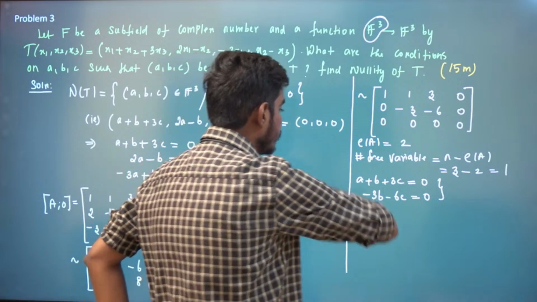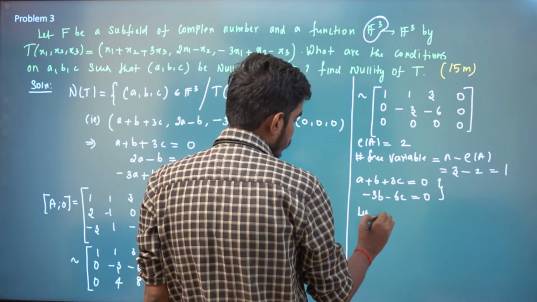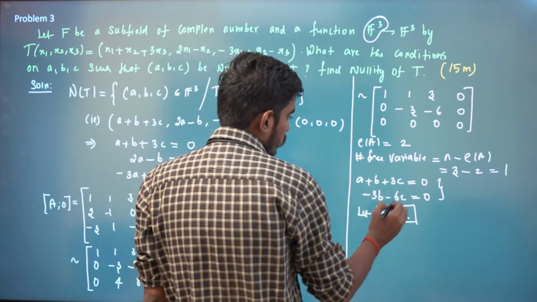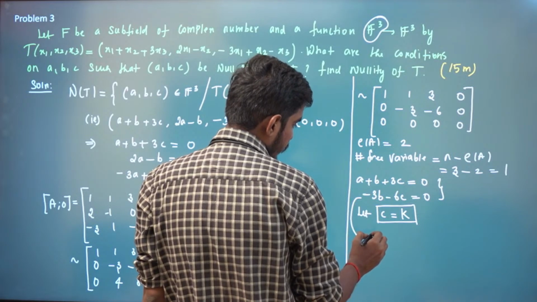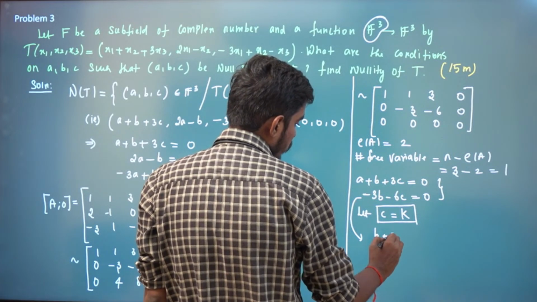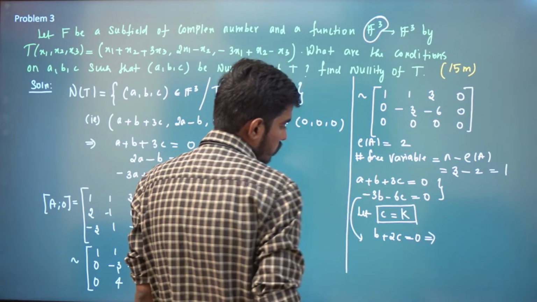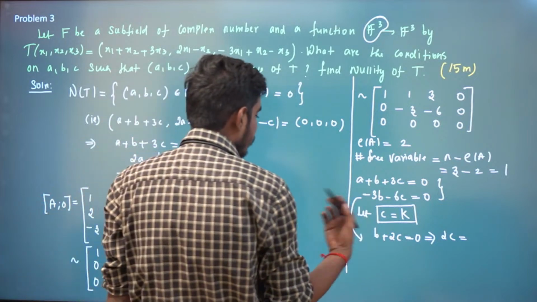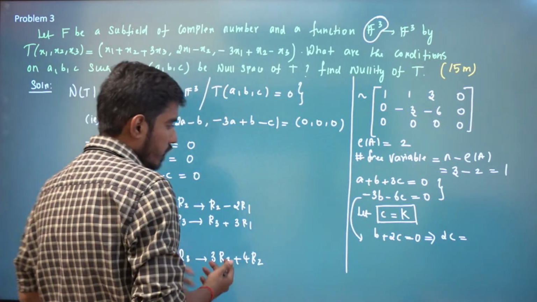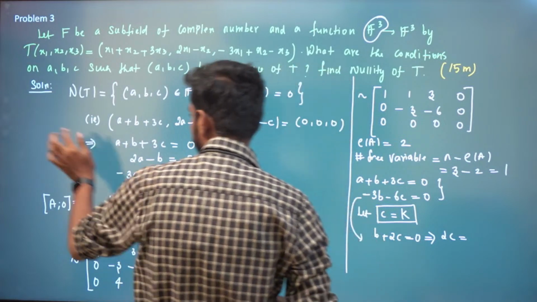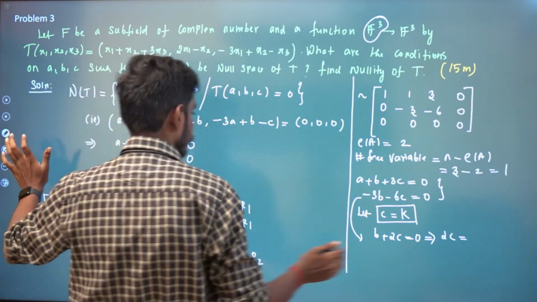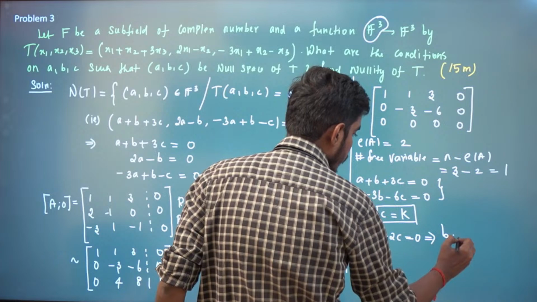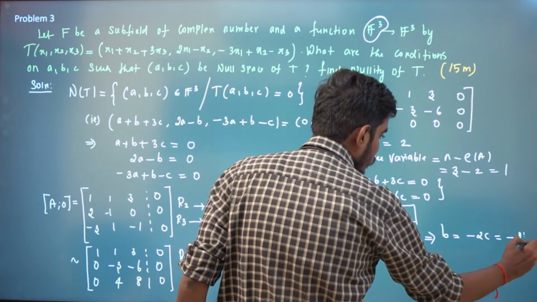Right? So we will find null space of T. Let us take c to be some k, because we have one free variable. From here, if I take -3 outside, we have b + 2c = 0. So b is equal to -2c, which is -2 times k.